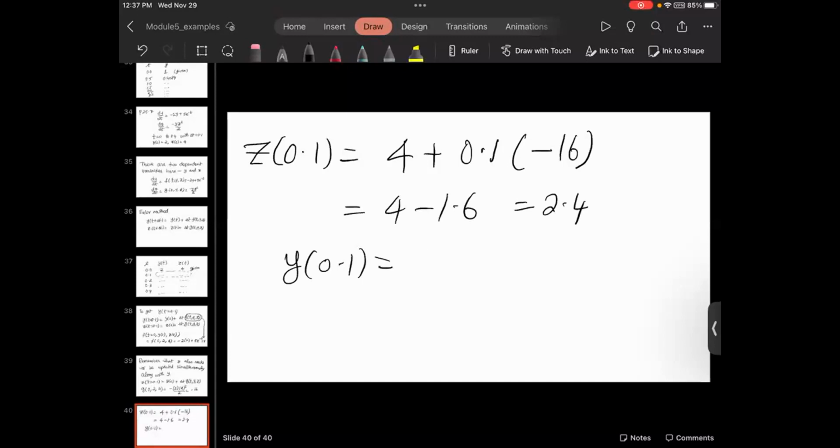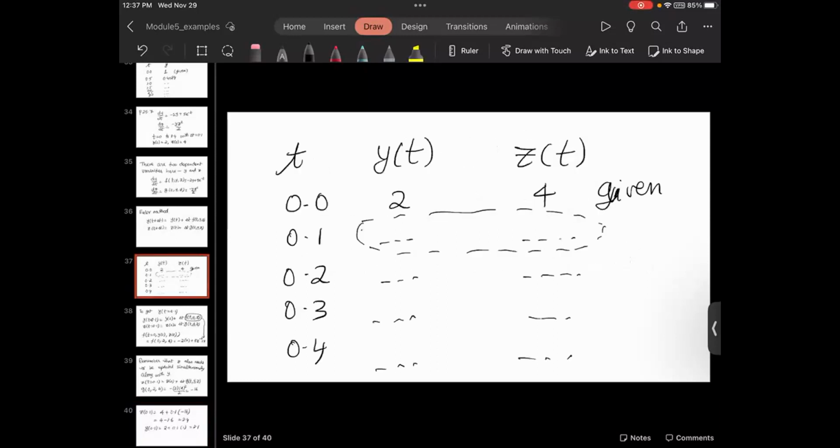Y of 0.1 is 2 plus 0.1 multiplied by 1, which is 2.1. So in slide 37, the y value is 2.1 and the z value is 2.4 using Euler's method.